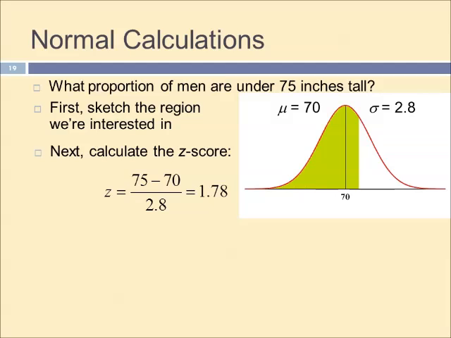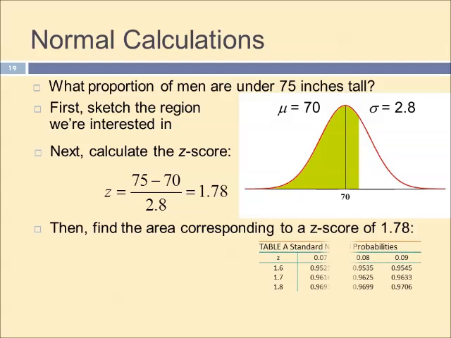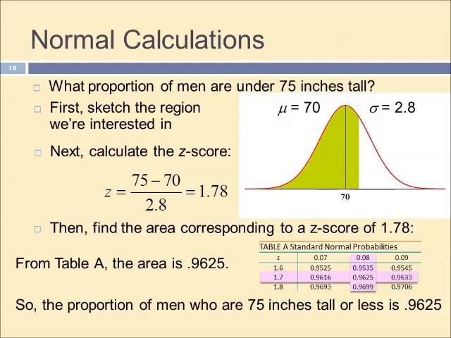That tells us that this particular value, 75, is 1.78 standard deviations above the mean. Then we find the area corresponding to a z-score of 1.78 in Table A. In this case, the area is 0.9625. So the proportion of men who are 75 inches tall or less is 0.9625.